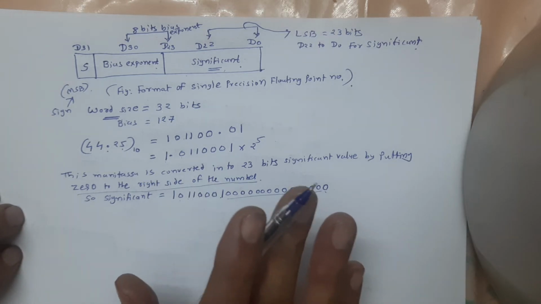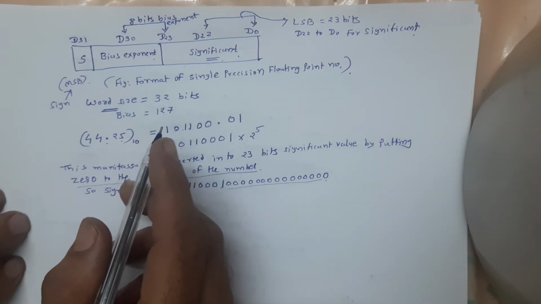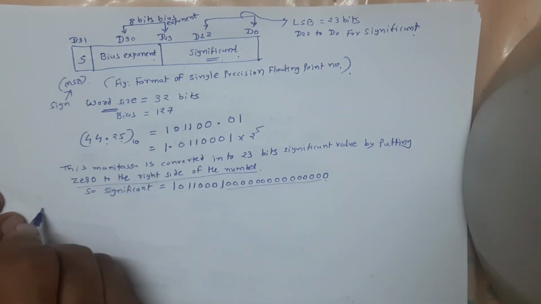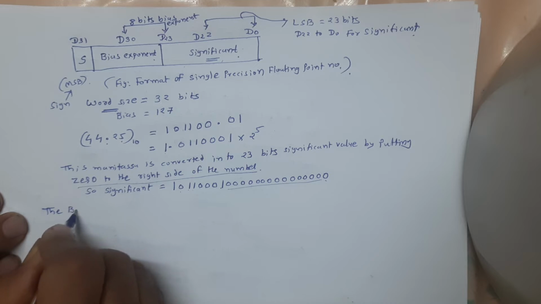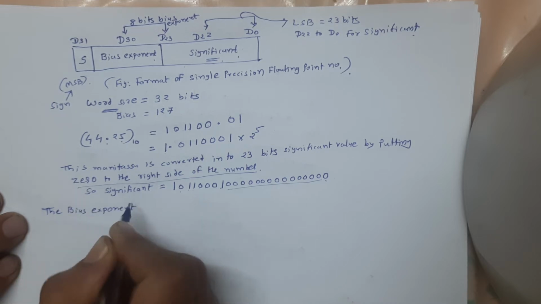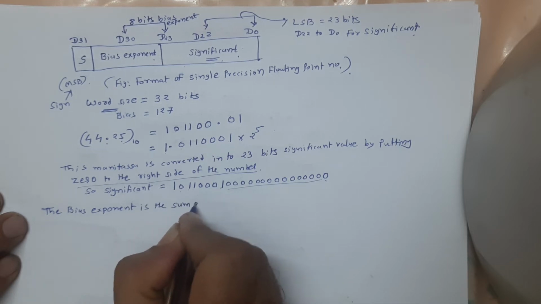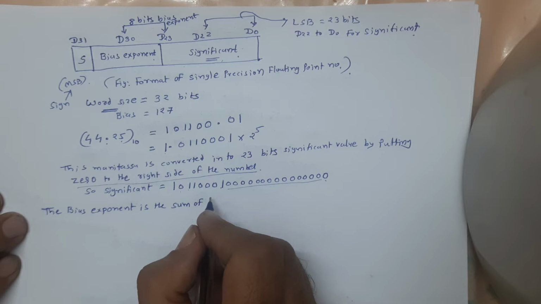This is your significand. The bias exponent is the sum of the bias and the exponent value.